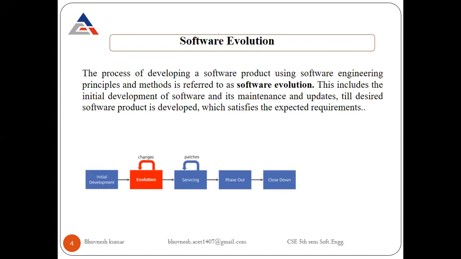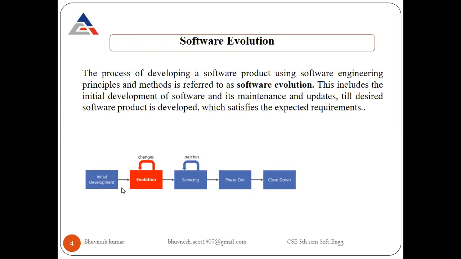This is an example of software evolution. It starts from the initial stage, the developing stage. Then that organization maintains that product, updates that product, and gives proper updates to its users. That's what software evolution means.